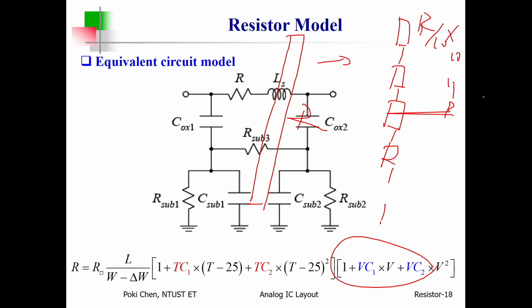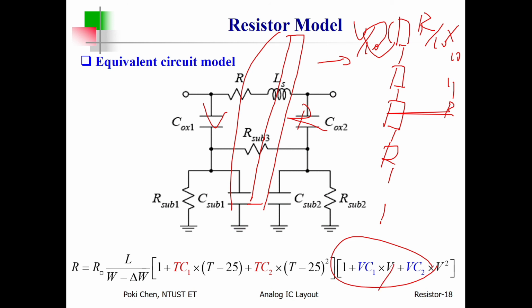You still get the same R. However, with such a serial connection, congratulations, the voltage for each resistor is reduced by 10. Here you have V, there you have V over 10.